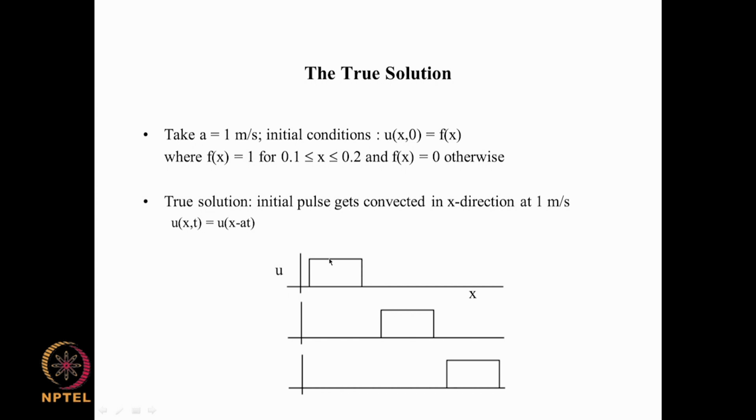If you had initially a triangular pulse like this, it would remain triangular here. So, what we would be looking for from our solution from the 3 different cases is: is the shape being maintained, okay, and is the pulse moving at the speed that is expected, which is 1 meter per second.